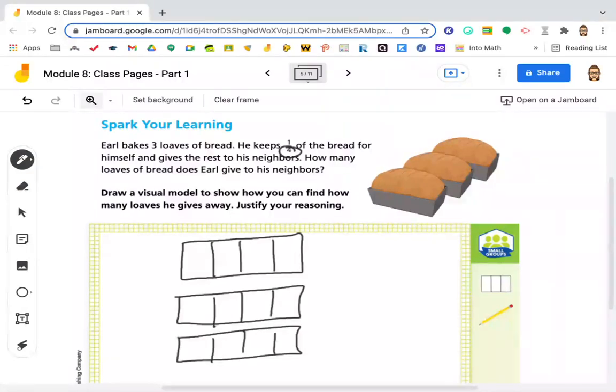Then he keeps 1/4, but we want to know how much he gives to his neighbors. So if we have a whole, or 4/4 minus 1/4, that gives me 3/4. So he's giving away 3/4.